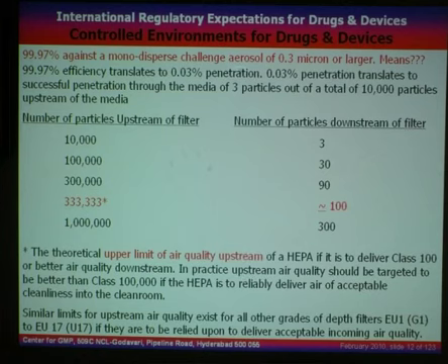For example, if there are 1 million particles upstream, for no fault of its own, the HEPA filter will release 300 particles, 0.3 microns or larger, on the downstream side. 333,333 is the theoretical upper limit of air quality upstream of a HEPA filter if it is to deliver class 100 or better air quality downstream. In practice, upstream air quality should be targeted to be better than class 100,000 if the HEPA is to reliably deliver air of acceptable cleanliness into the clean room.